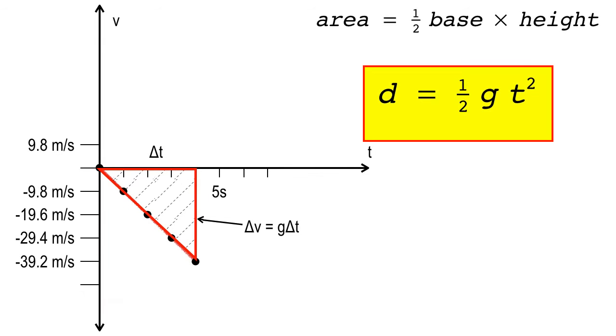Here it is. Remember that? 1/2 gt squared. And that's not a position, it's a distance. If we want the y coordinate, we've got to put a minus sign in there. But if all you care about is the distance, just how far something is dropping, it's just a 1/2 and a 9.8 and a time quantity squared.